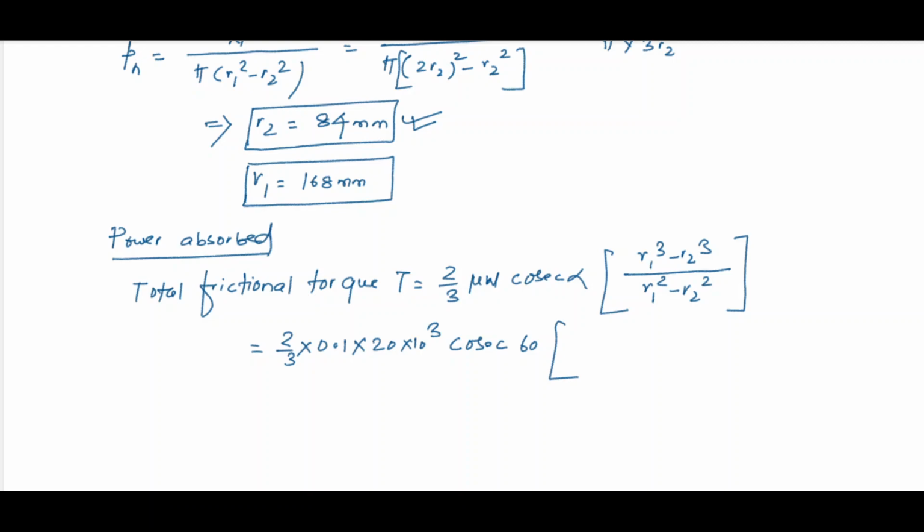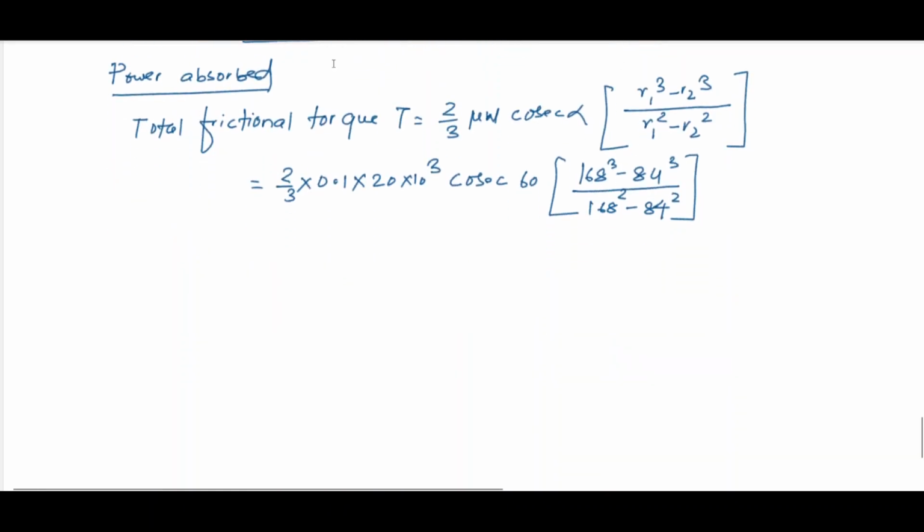Then, because the angle is given, 2 alpha is given as 120 degree here, the cone angle, so alpha will be 60. So it is (168 cube minus 84 cube) divided by (168 square minus 84 square).